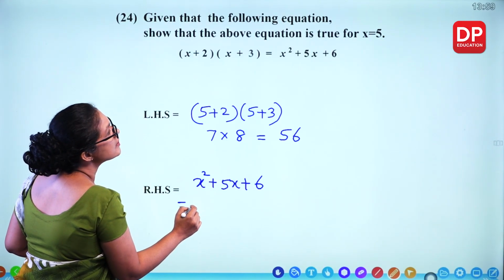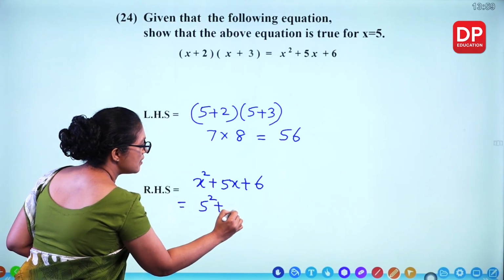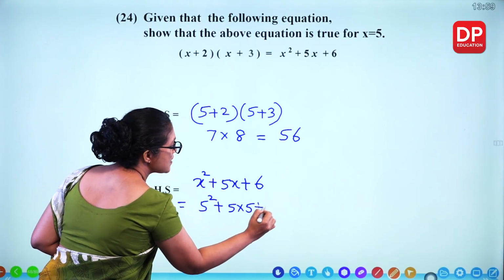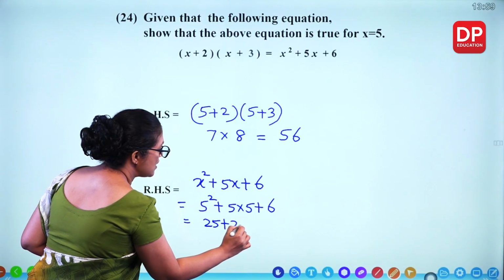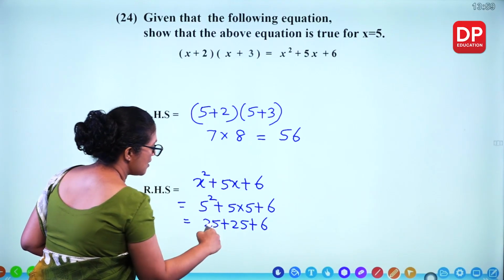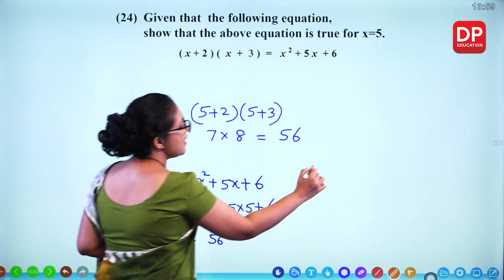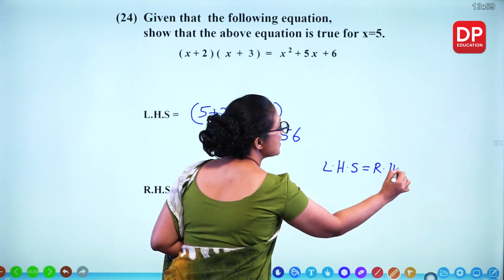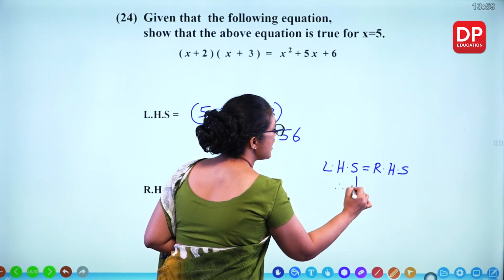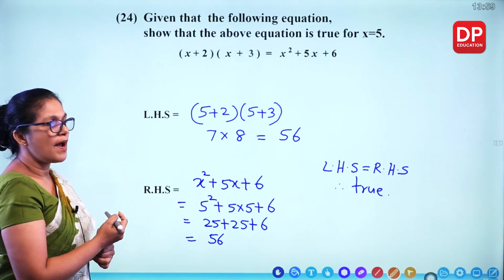Substitute x equals 5. 5 squared, 25. 5 times 5, 25 plus 6, 50 plus 6, 56. So we can see left hand side is equal to right hand side. So therefore the statement is true for x equals 5.